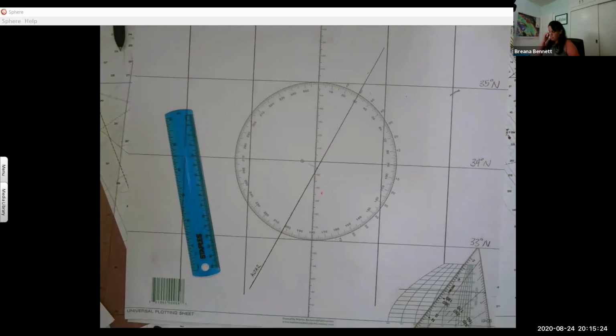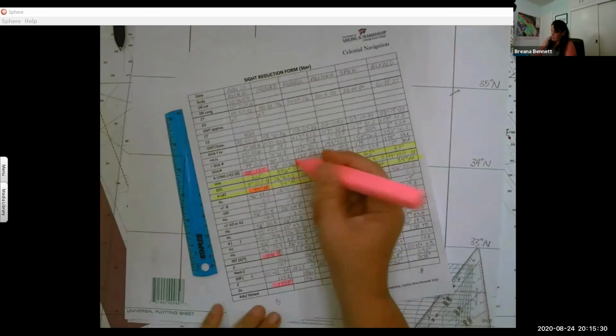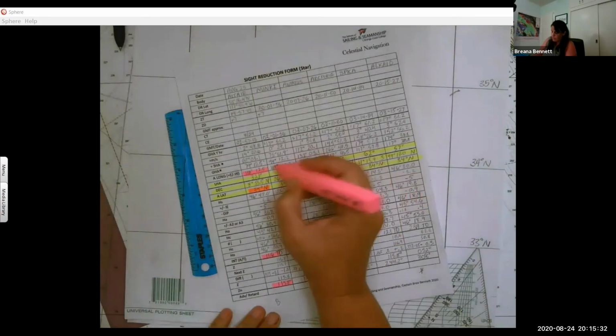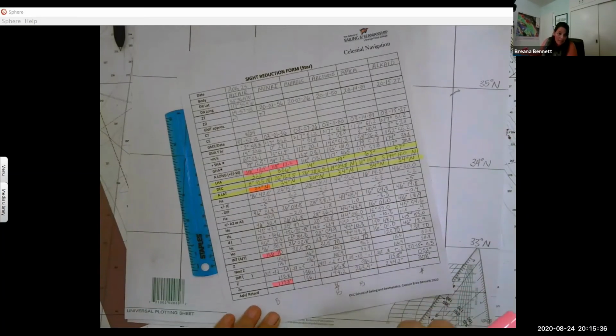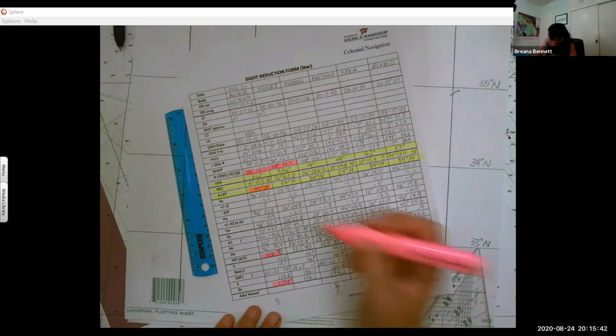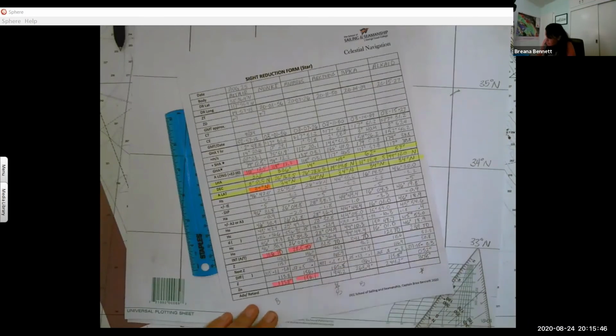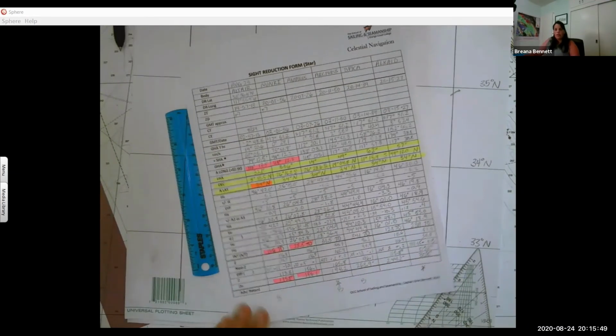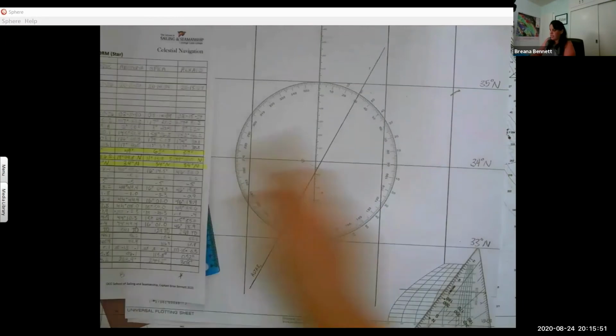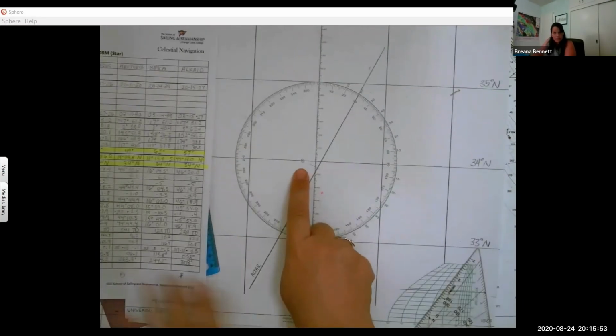Okay, so that was our first one. Our next one, we have 118 12.2. So I'm going to say that's at the exact same spot because my accuracy of 0.3 in longitude is not there. And then I have my intercept and my bearing. So my assumed position, I'm saying, is the exact same spot.